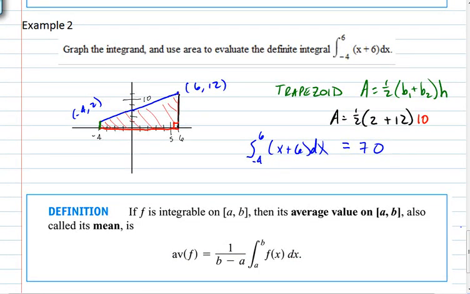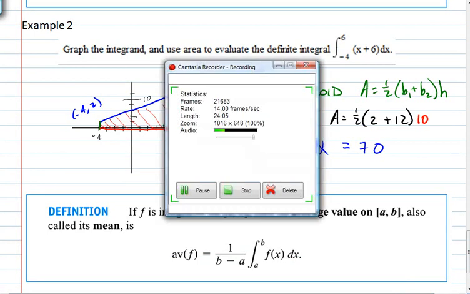Now, we were able to evaluate this definite integral because we knew a geometric formula. That's not always going to work, is it? All right, the next section we'll figure out how to handle an area when it's not a nice geometric formula, using the fundamental theorem of calculus, just so you know that something better's coming.